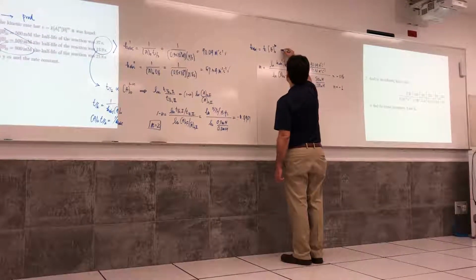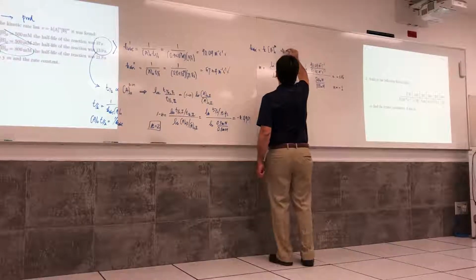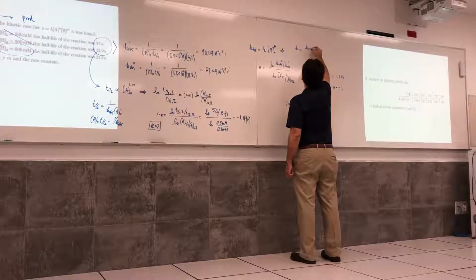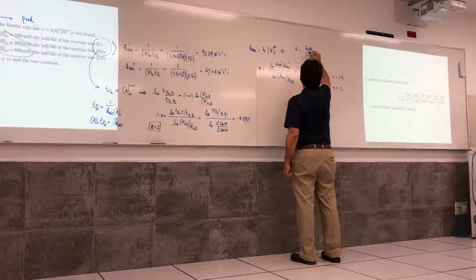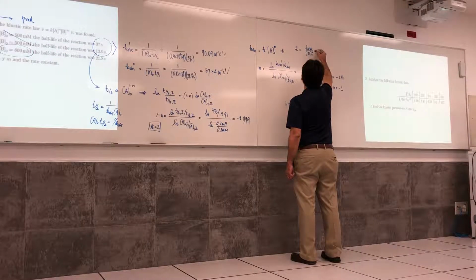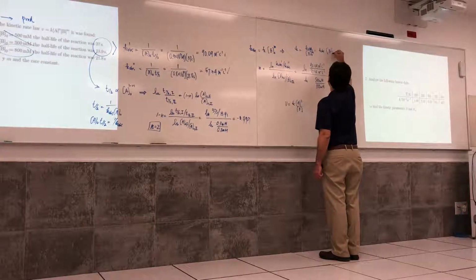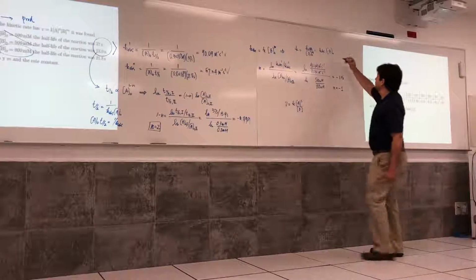Let's take one of these. K will be K observed times B0 to the M, which is K observed times B. Okay, let's do that.